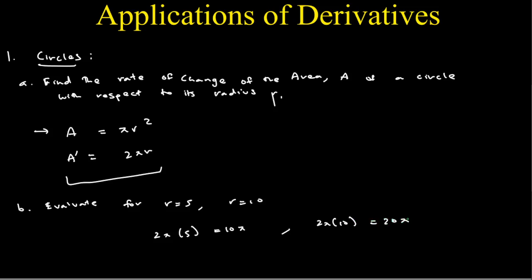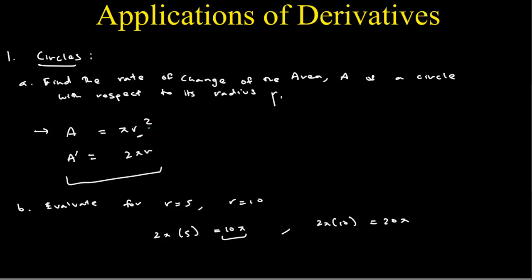We clearly see that as we increase our radius, the rate of change, the amount our area is changing by, gets larger. That makes sense because we have an r squared term, so whenever we increase our radius, the amount our area is increasing by keeps increasing as well.